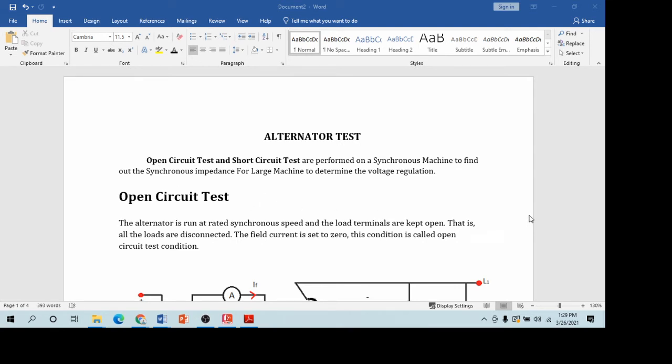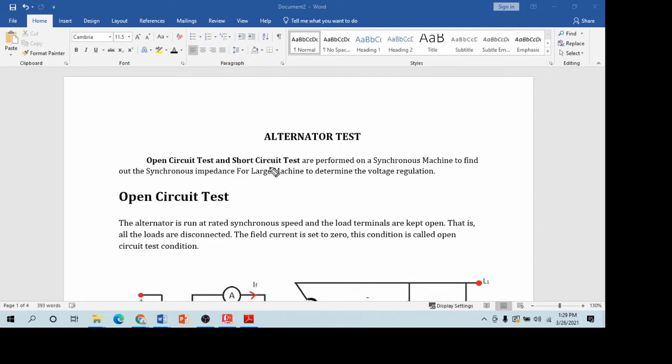This is familiar to us since we already tackled this in our subject, Electrical Apparatus and Circuit Devices, where it is performed on the transformer.